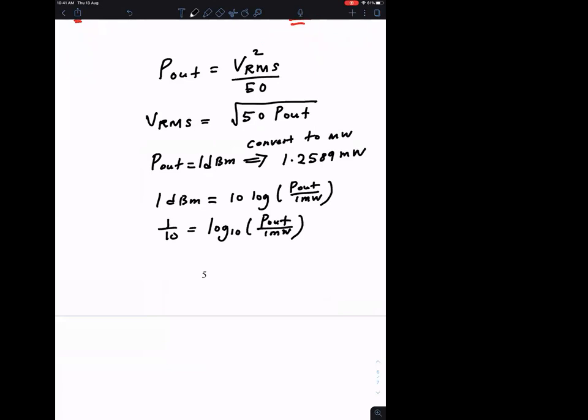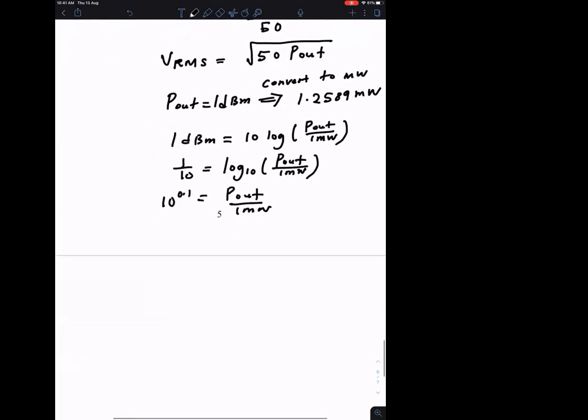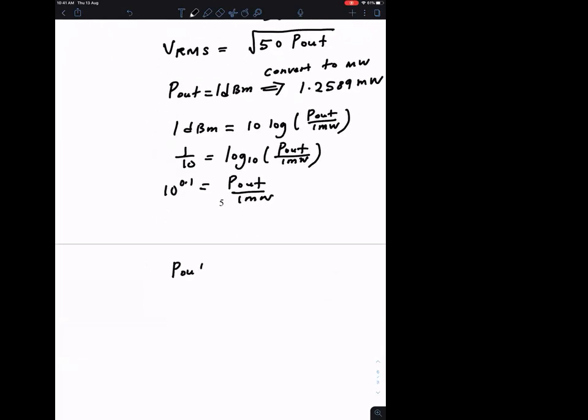So 10 to the power of 0.1 is P out over 1 milliwatt. Therefore P out is 10 to the power of 0.1 times 1 milliwatt.